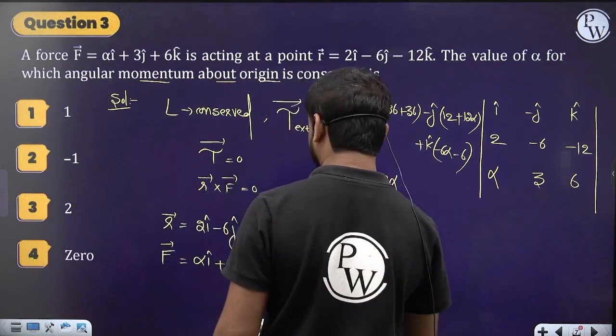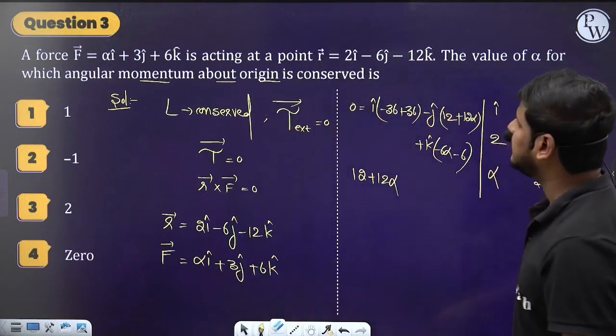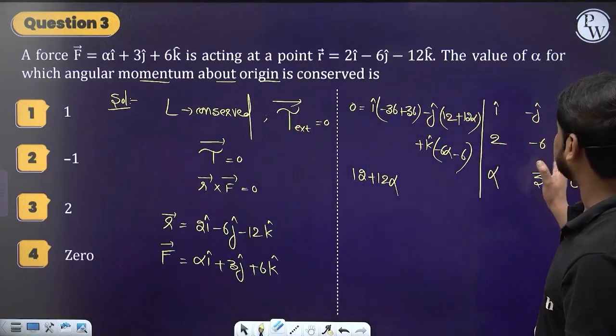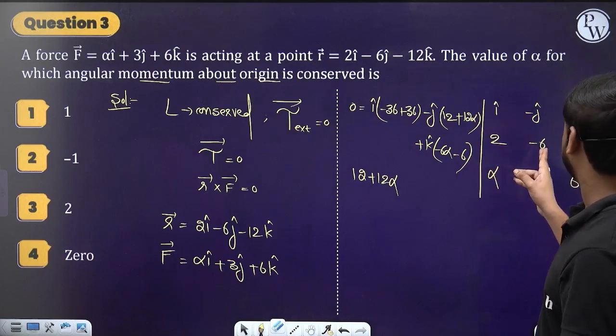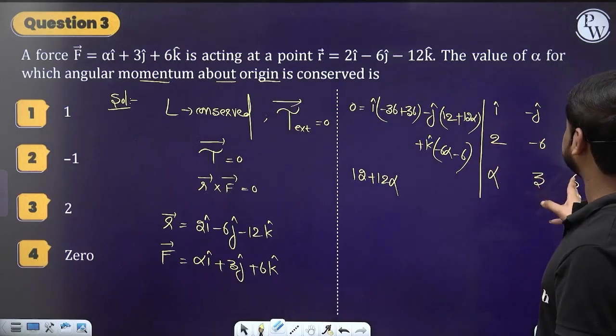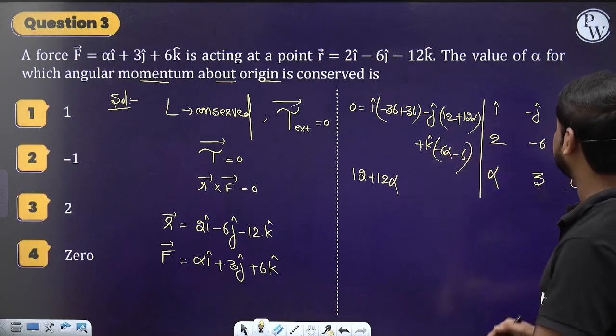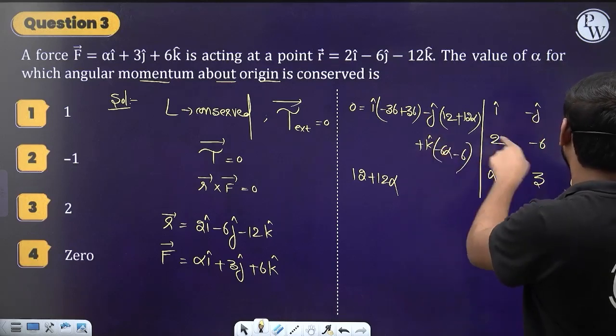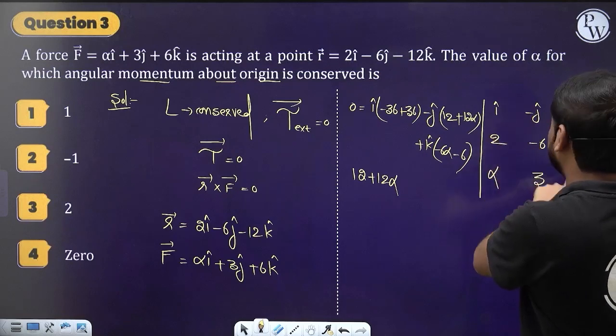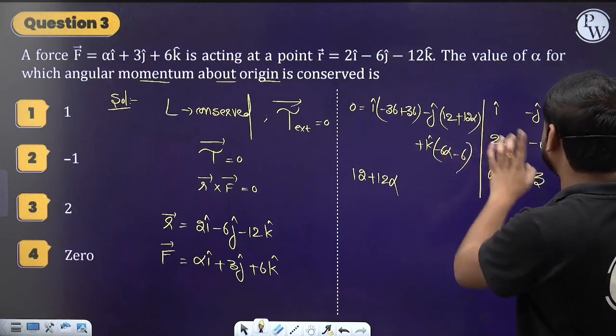So the cross product, did I do any mistake? Cross product, i, minus j, k, so 2, so close this column, minus 36 plus 36 cancel. And j cap, so close this column, close this row, so then 2 into 6 is 12, minus half minus plus 12 alpha.